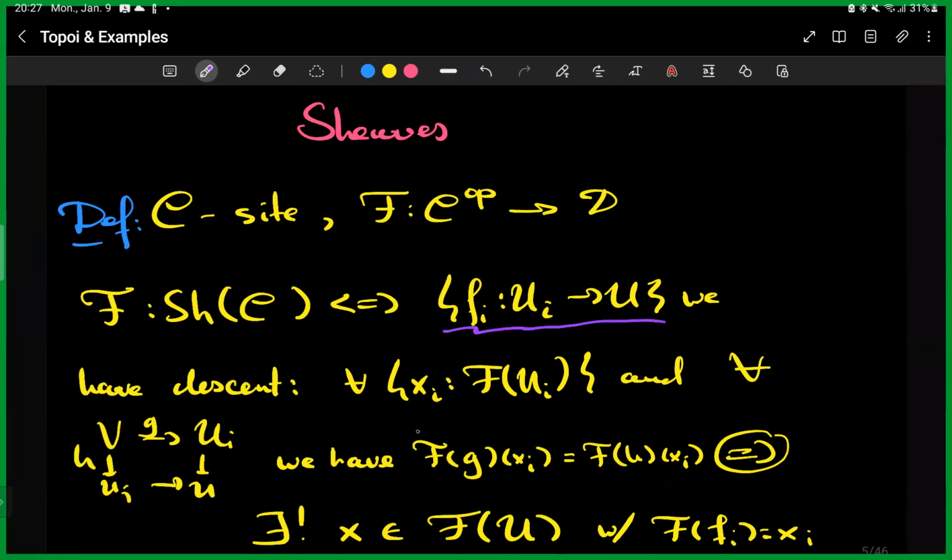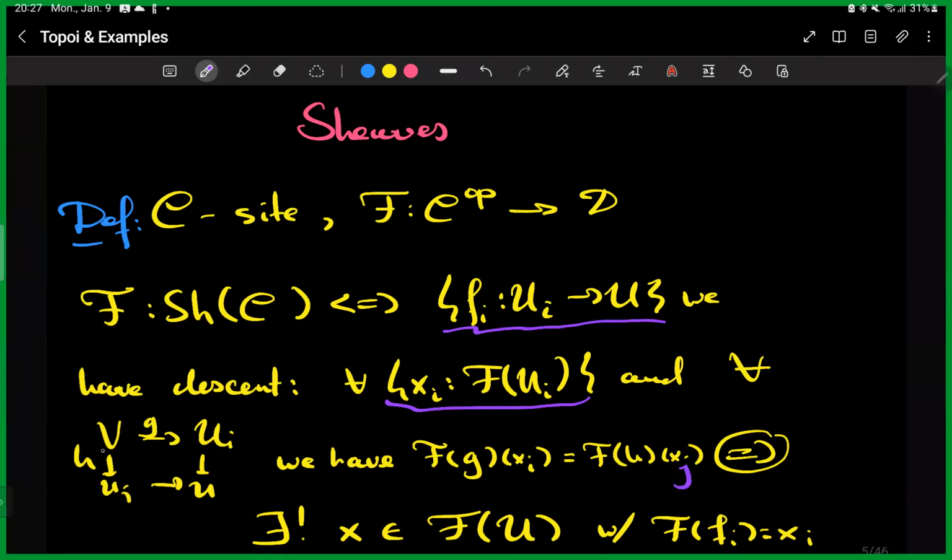descent property, meaning that if we are given a family of elements inside of each of these F of u_i, and we have a pair of morphisms, so for any pair of morphisms like this, we have the pullback of this element. So the pullbacks of these elements coincide.